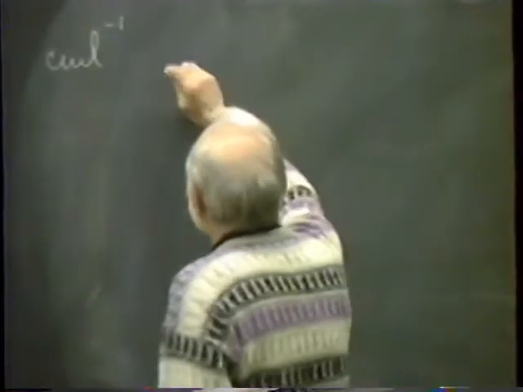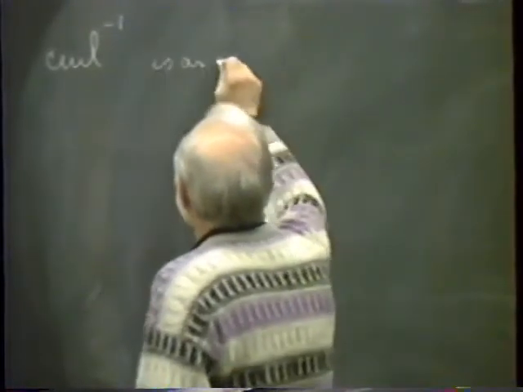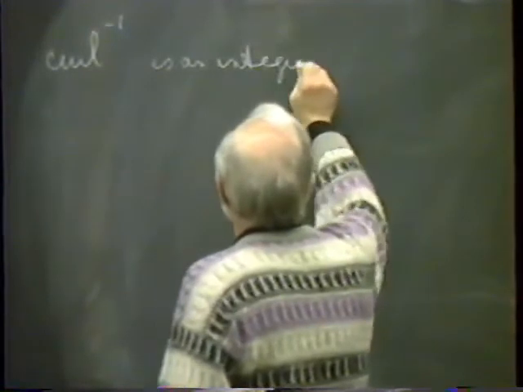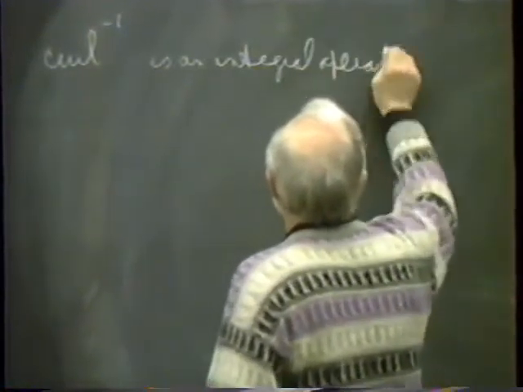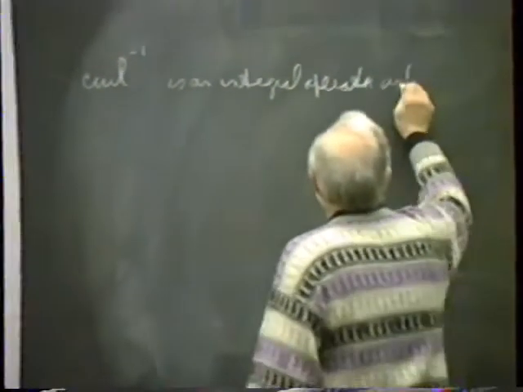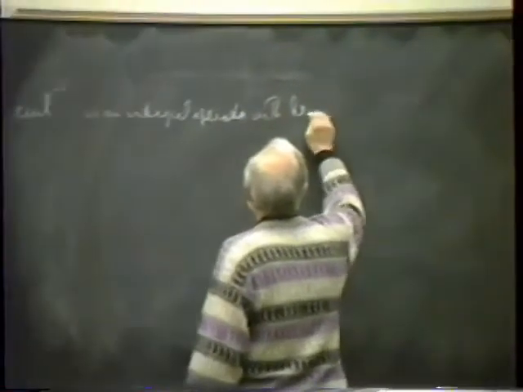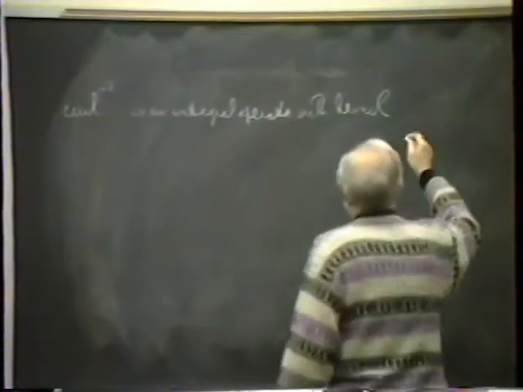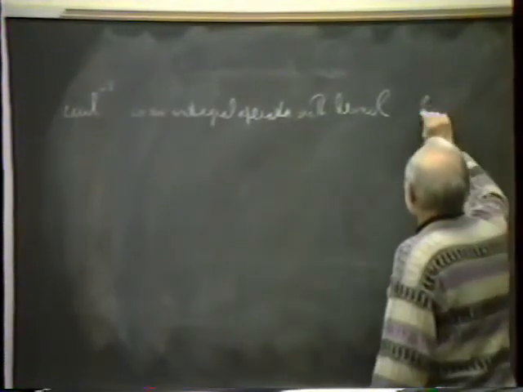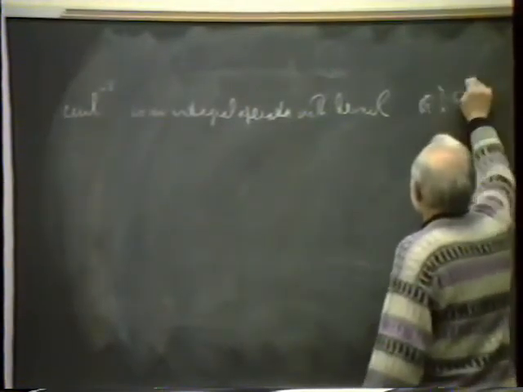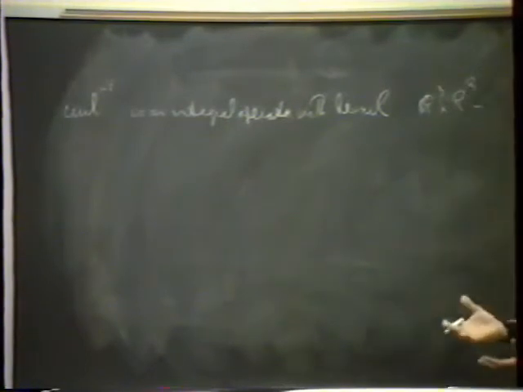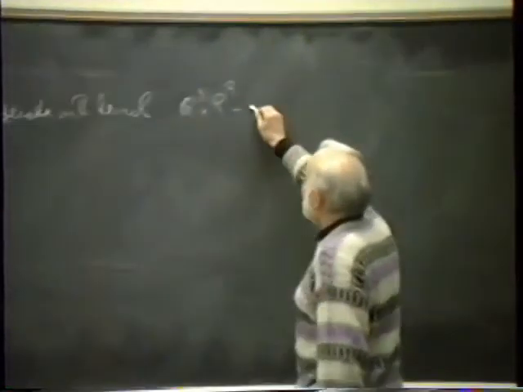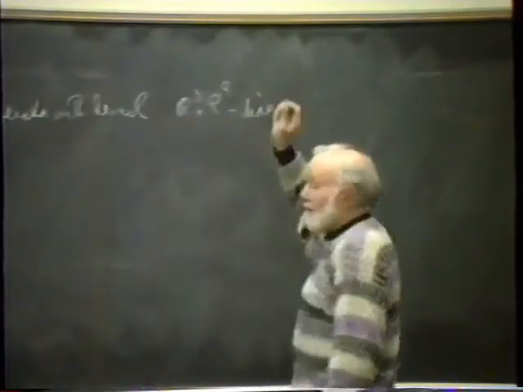Well, curl inverse is an integral operator with kernel as a function of two variables. It looks like this. And this is a function on R3 cross R3, and as usual we would expect it's an order -1 operator. We expect a singularity along the diagonal, so you've got to avoid the diagonal.